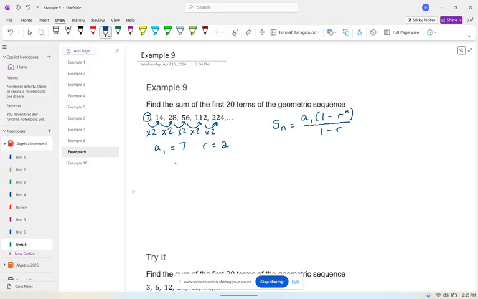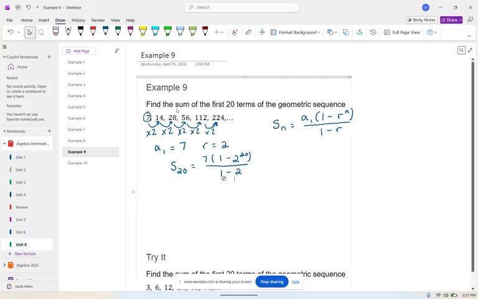First of all, we know that the value of n is going to be 20. We want the first 20 terms. Our value of A sub 1 is 7. And then we'll have 1 minus the R, which is 2, raised to the n, which is 20, all over 1 minus R, which is 2.